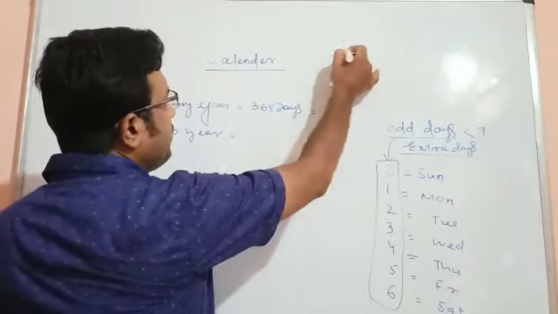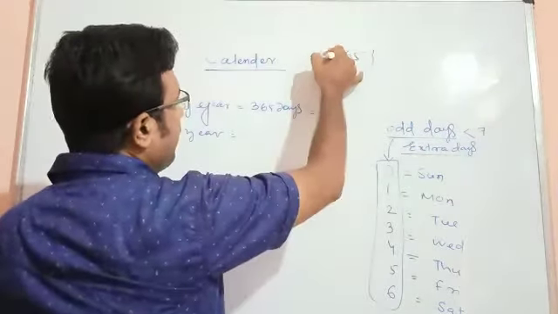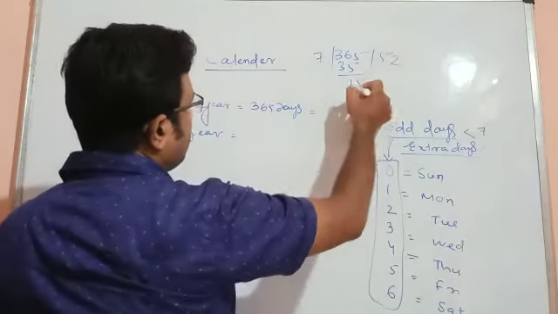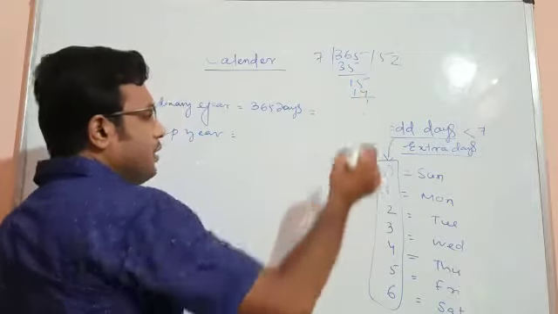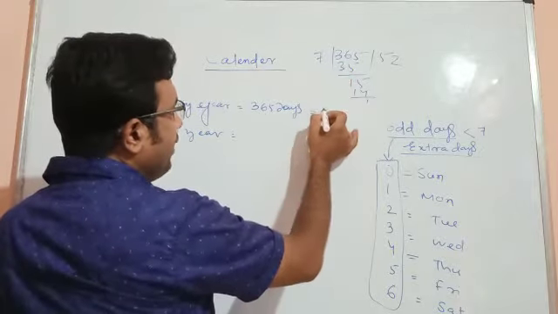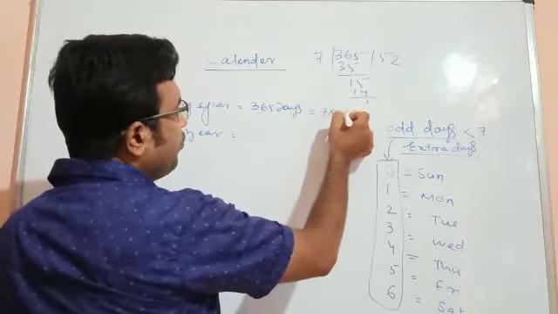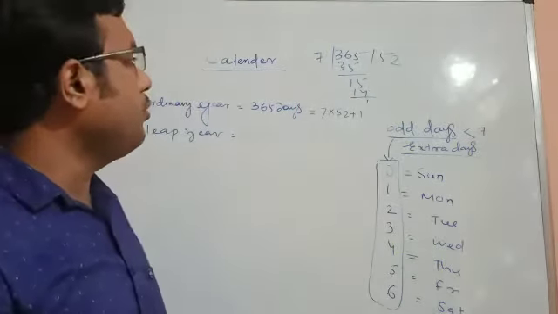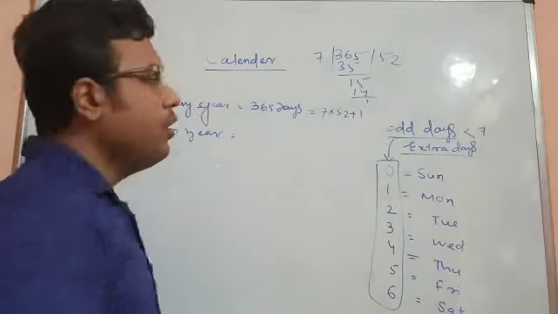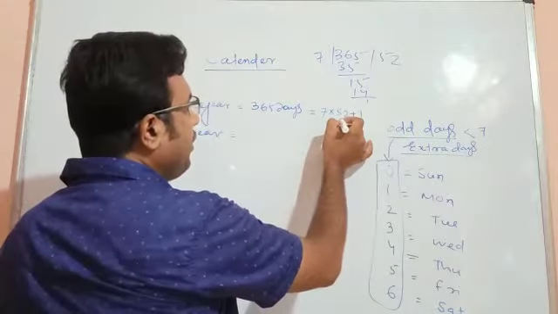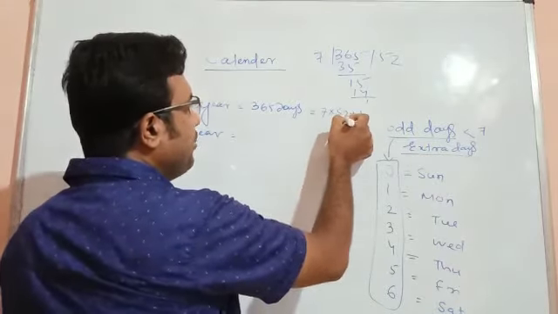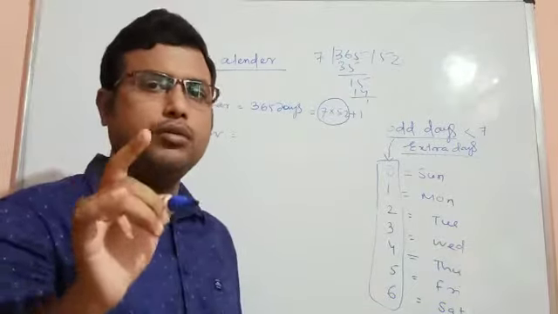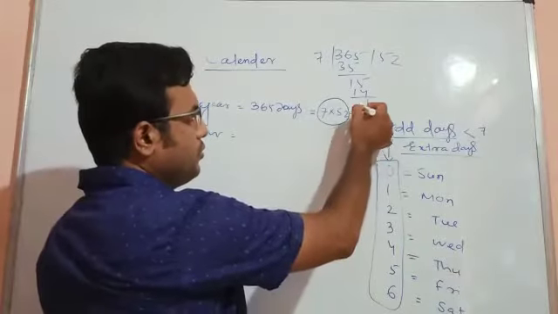That means 365 divided by 7. See, it is written as 7 into 52 plus 1. That means 52 complete weeks plus extra days, 1 extra day.